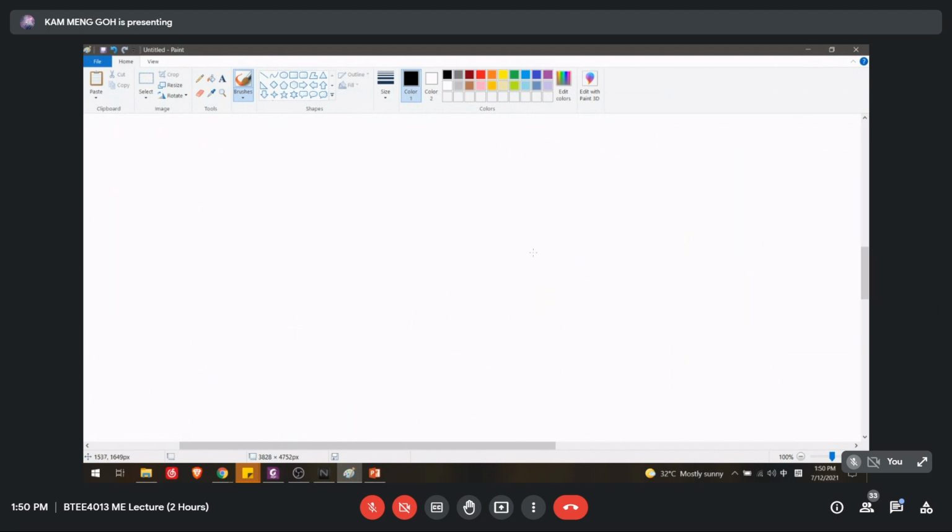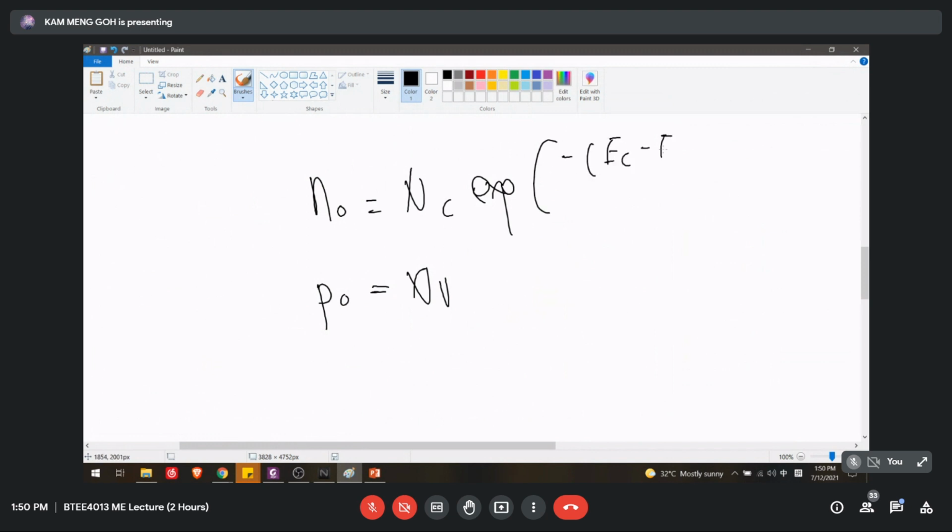So right now we have the two major formulas. One is the n0, one is the p0. Then you have NC, NV multiplied by exponential minus (EC minus EF) over kT, and exponential minus (EF minus EV) over kT.